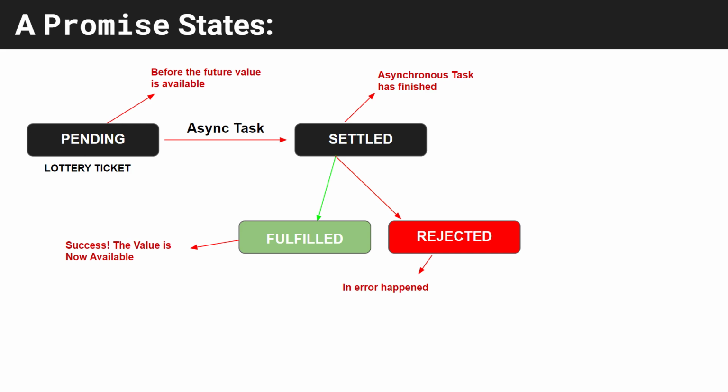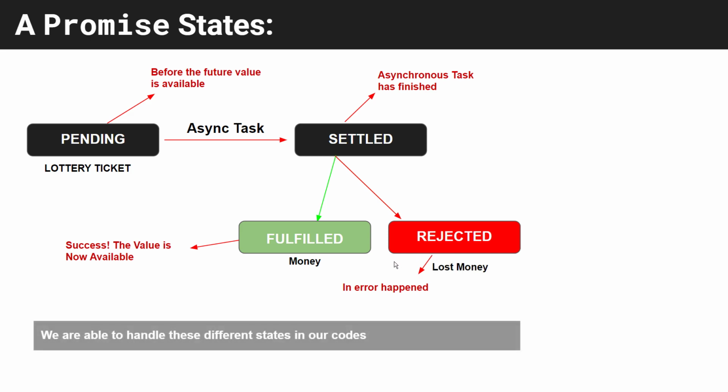I have a lottery ticket. In the starting time, the lottery ticket is pending. If my lottery ticket wins, then I will get the money. Otherwise, I will lose the money. So we are able to handle these different states in our code.